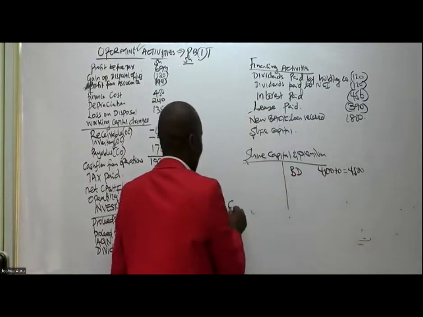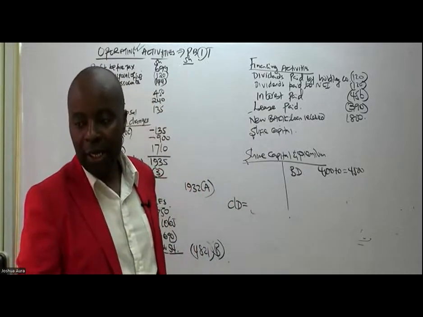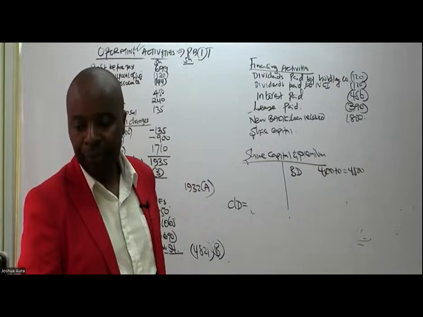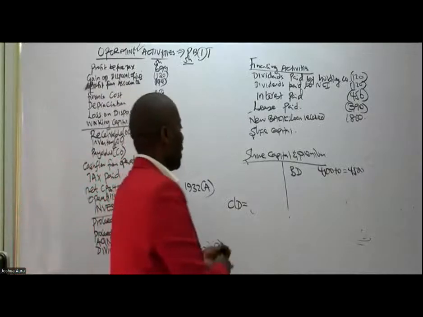And then we have carried down. For carried down, I'm combining share premium and the capital, which is 6,000 plus 900, so this is 6,900.